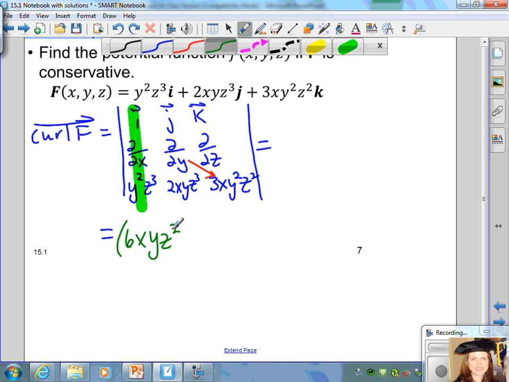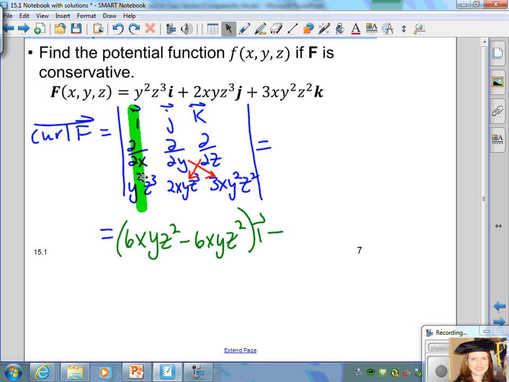6xyz squared. Now we're going to subtract the partial derivative going in this direction. The partial derivative of this with respect to z, we're going to multiply by 3 to get 6xyz squared, and we're going to subtract that. That's your i component. Minus, that middle one is always subtracted.